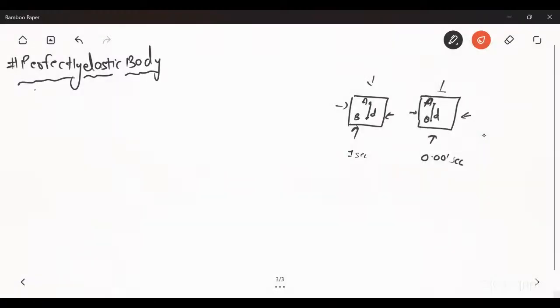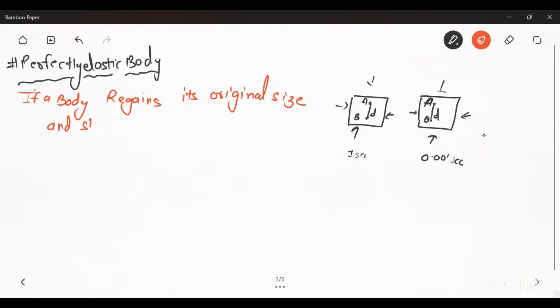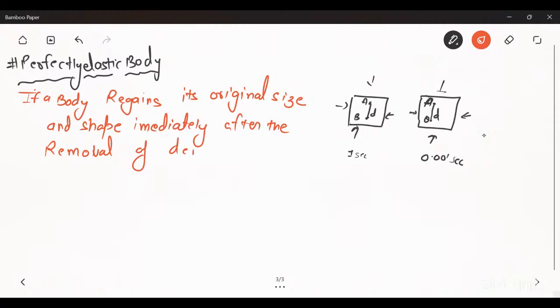Okay. So a perfectly elastic body is one that regains its original size and shape immediately after the removal of the deforming force.